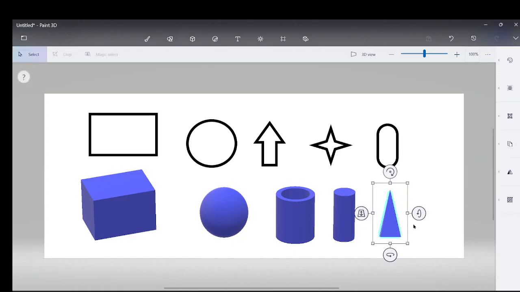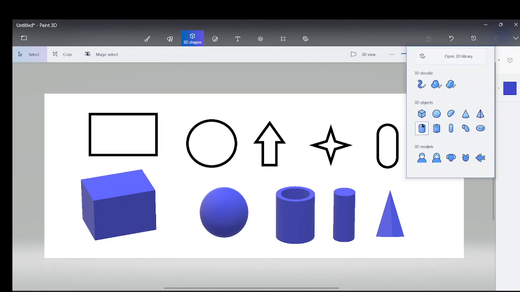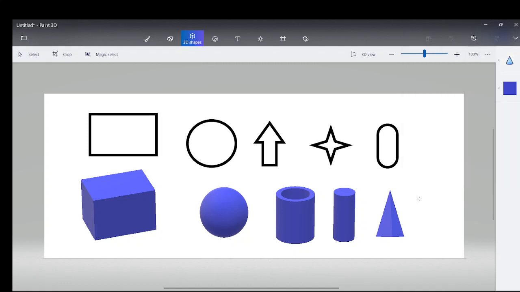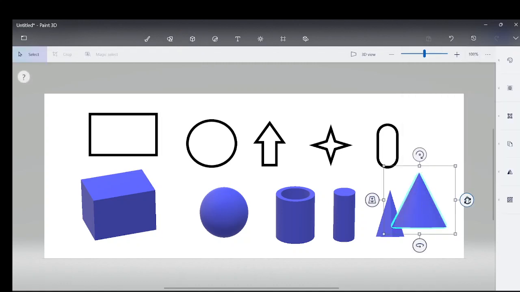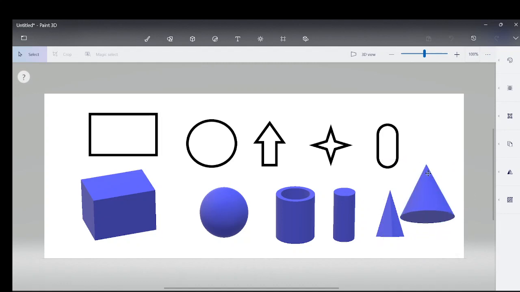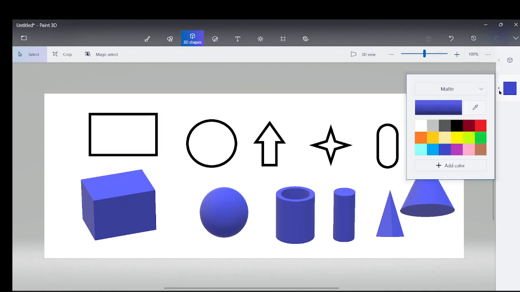Pyramid. Clear? Every time we look at such things. This is a cone, like ice cream. There are many things available to understand. Clear?